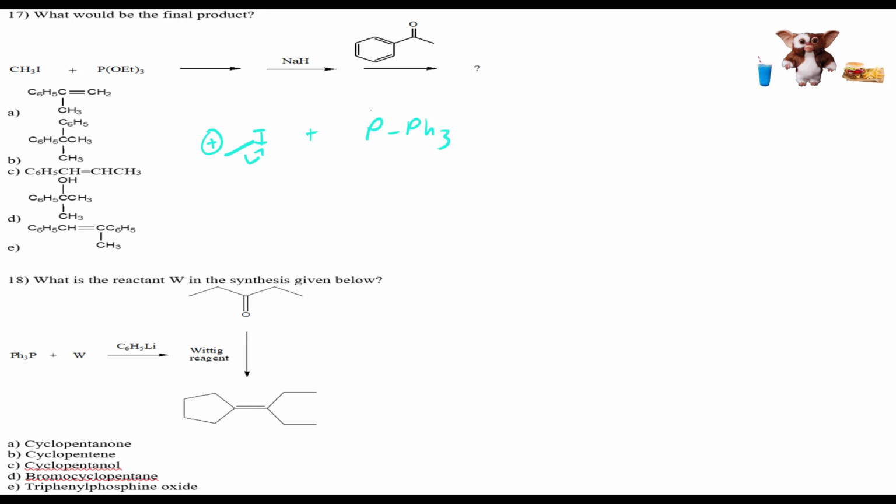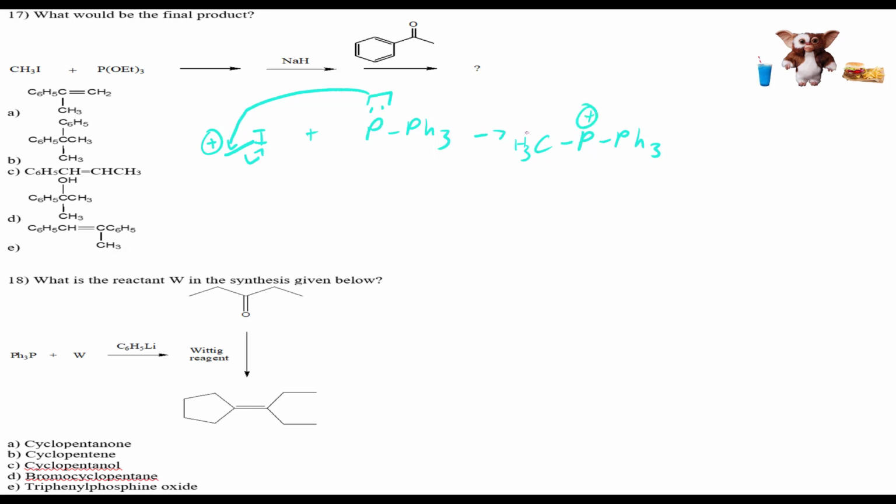Well, technically this phosphorus has 2 electrons that it can use to attack this carbon, giving us CH3 attached to a PPh3. So now we're neutral. Actually, we're not neutral, we are positive.